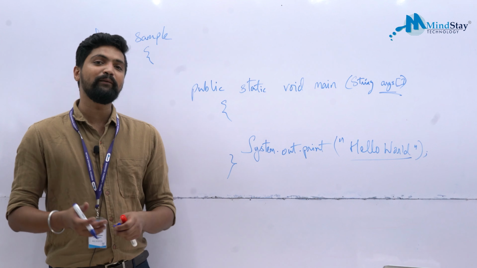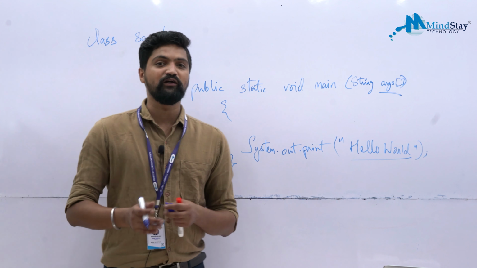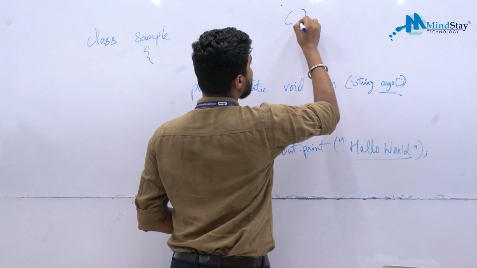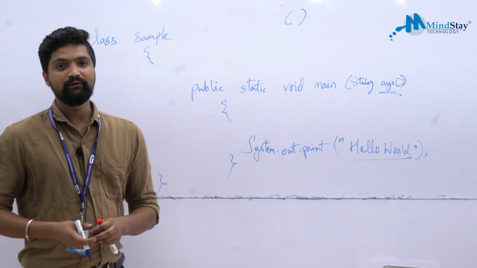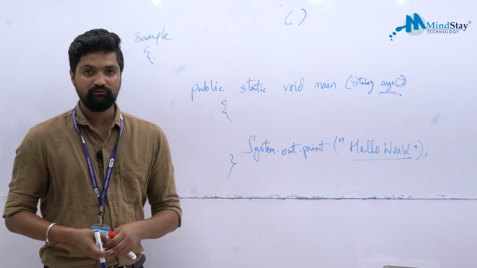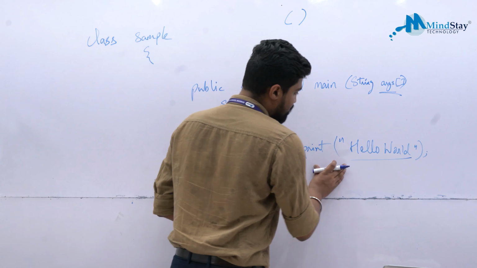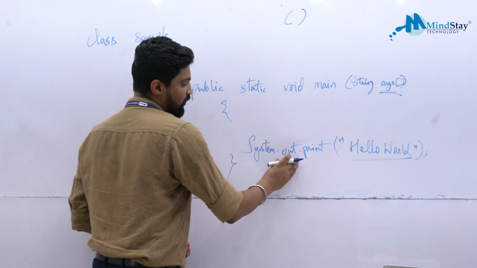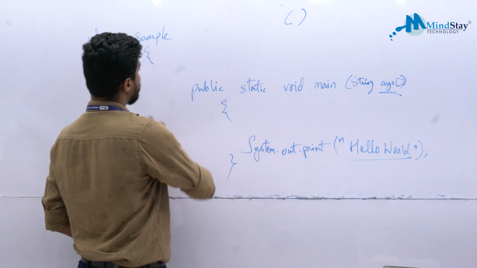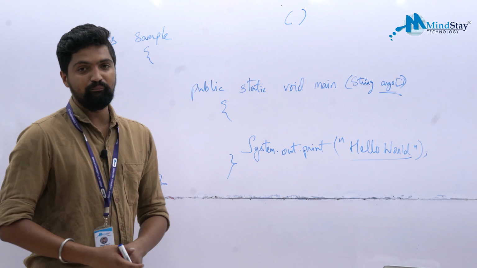Now you might be asking, I'm using this word function so much, what is a function? So always remember, anything inside your curve bracket is your function. So this is my printing statement, system.out.print hello world, and this is my complete Java sample program.